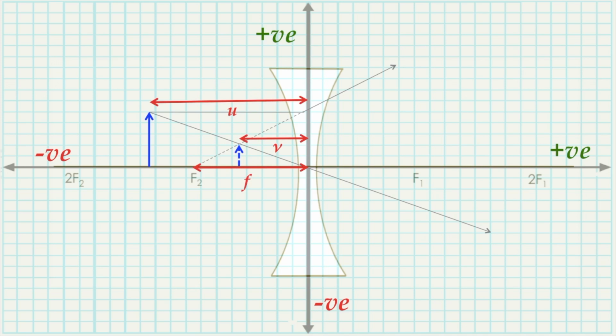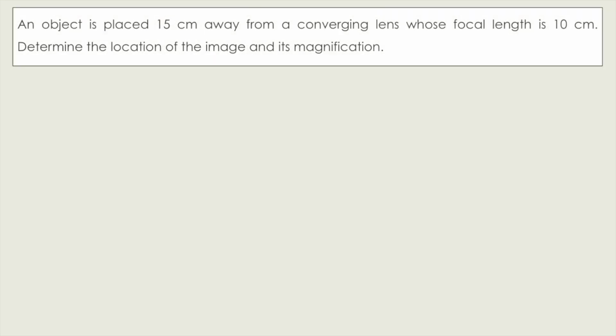So let's use both these formulas to solve a problem. Here, the focal length is 10 centimeters, positive because it's a convex lens. The object distance is 15 centimeters, negative because it is placed towards the left of the lens. And we would first find the image distance v.